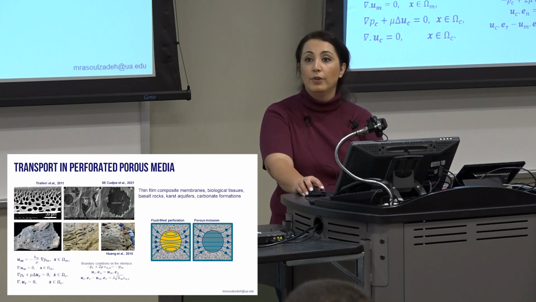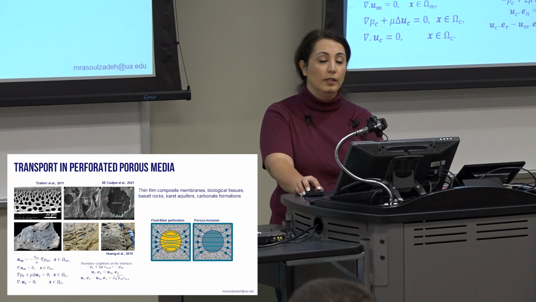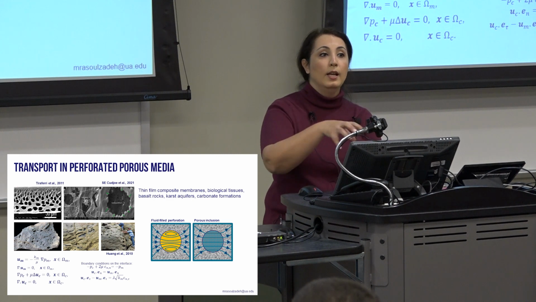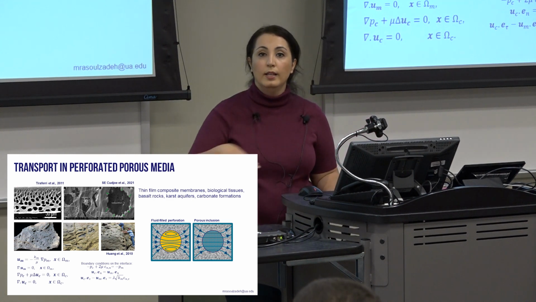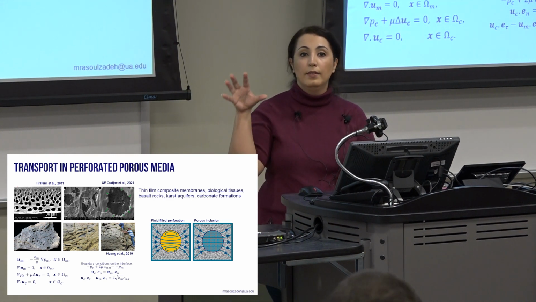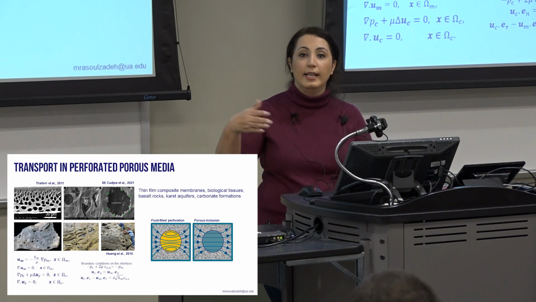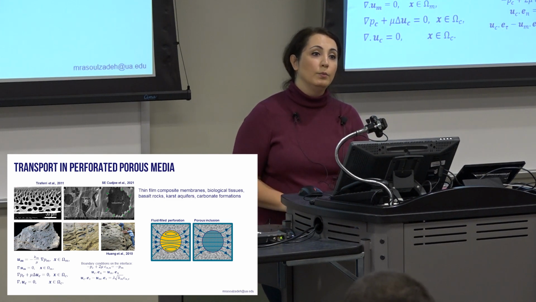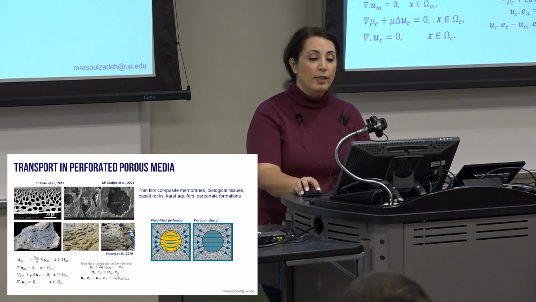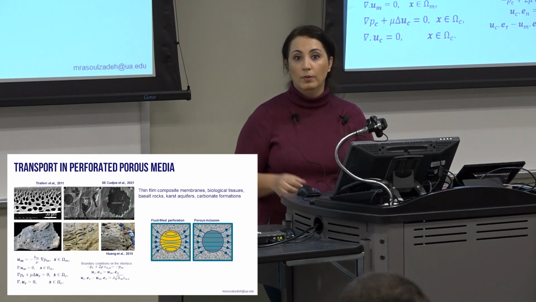We see the perforated structure of porous media in either of these applications. And by perforations, I mean we have hollow spaces that are spread in the porous medium, and these are filled with fluid, and they can exchange fluid with the background porous matrix. But within them, we don't have porous media. These are just free flow zones.